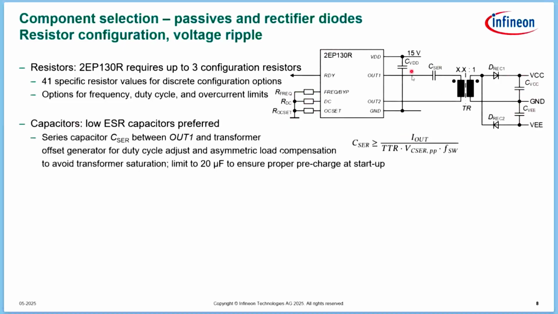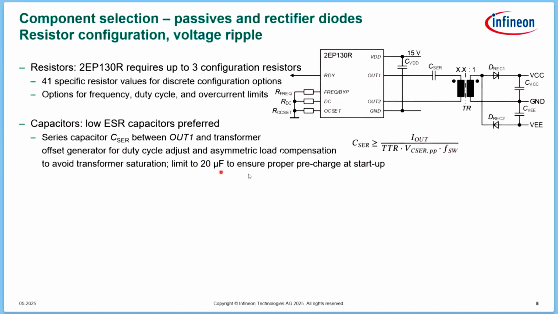For this series capacitor, what I mentioned, this is our offset generator. It compensates basically for this asymmetric voltage that we have, and also the asymmetric load. And we have this kind of estimation formula to calculate this kind of voltage given the maximum peak-to-peak voltage you want to see here over the capacitor and the switching frequency of the 2EP used.